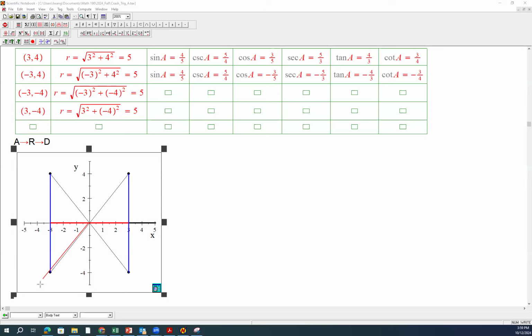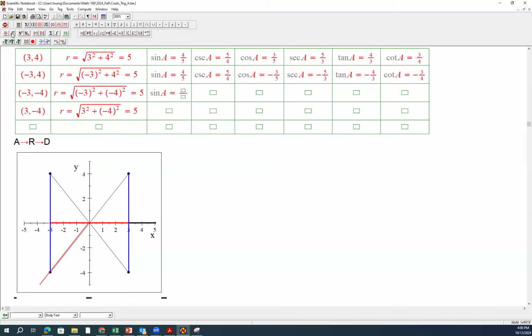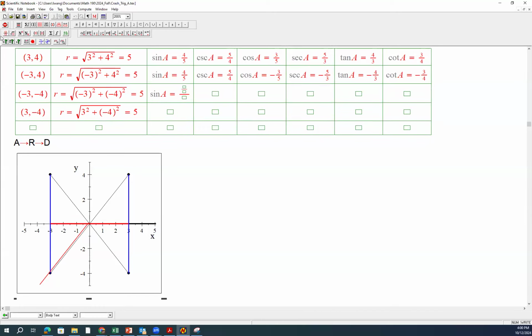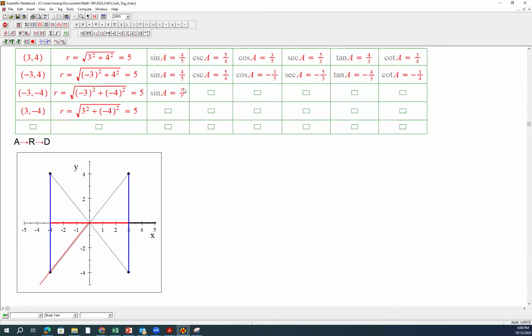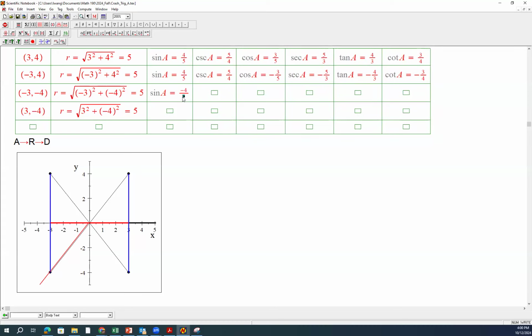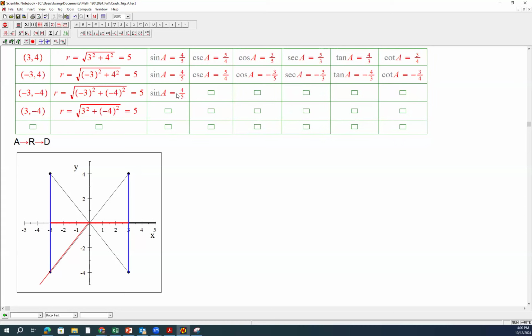And we also call it A. We know it's a class of angles, right? So sine of A equals y over r. Okay, y is -4 and r is 5. It's -4/5. We put a negative sign in front.